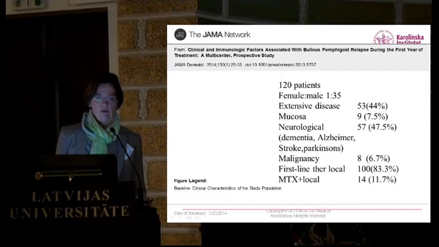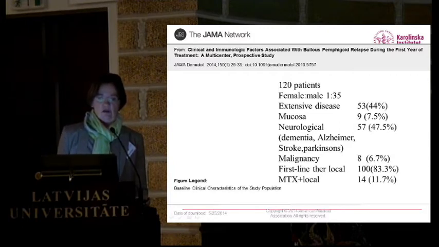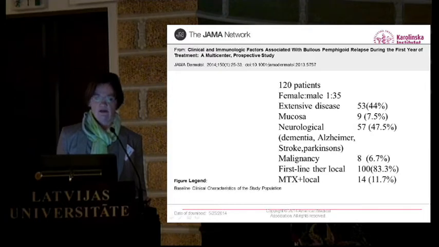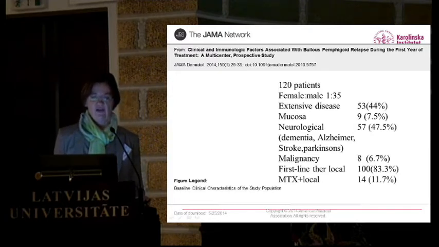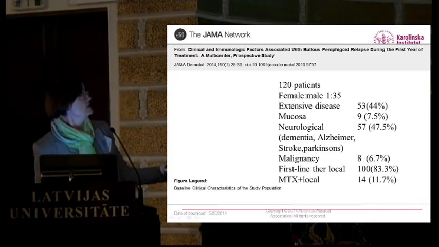And then another interesting work has looked at recurrence of bullous pemphigoid. Why do they recur? Some patients go on to remission and some of them recur. Why is that? They looked at 120 patients with a female to male ratio of 1.3. Extensive disease in 53 patients and mucosal symptoms there.